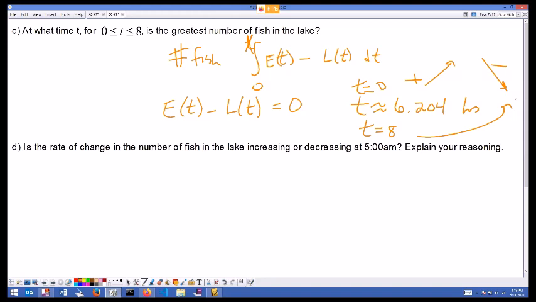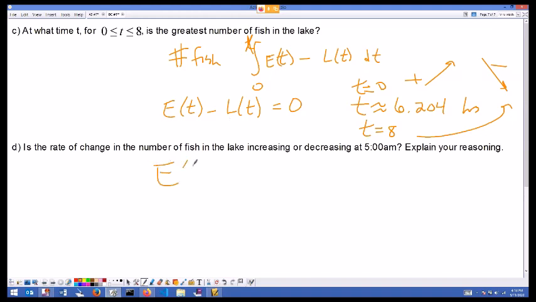All right, part D, is the rate of change in the number of fish in the lake increasing or decreasing at 5 a.m.? So the rate of change, well, our rate of change is E of t minus L of t, and we want to know if that rate is increasing or decreasing.